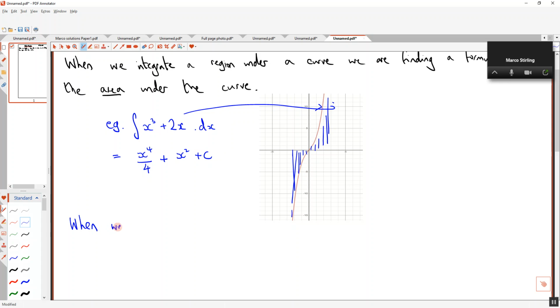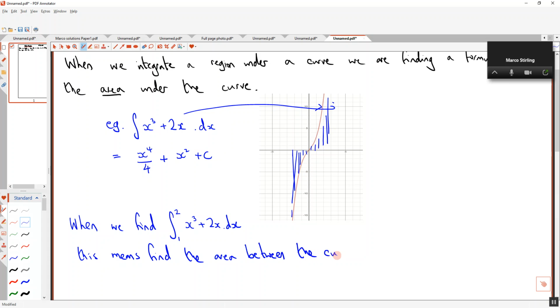So when we find, let's say, the integral between 1 and 2, and let's do the same curve, this means find the area between the curve and the x-axis between x equals 1 and x equals 2.